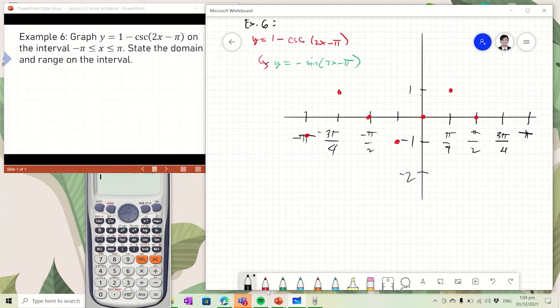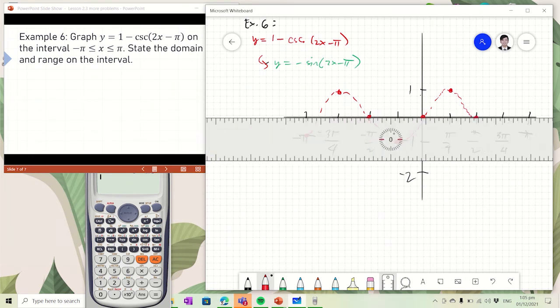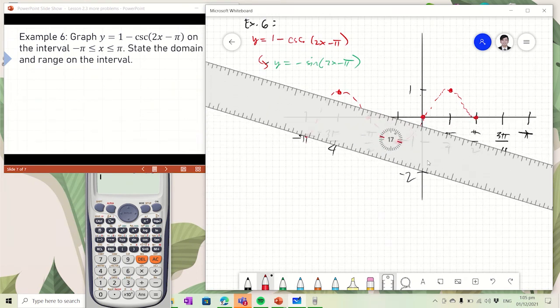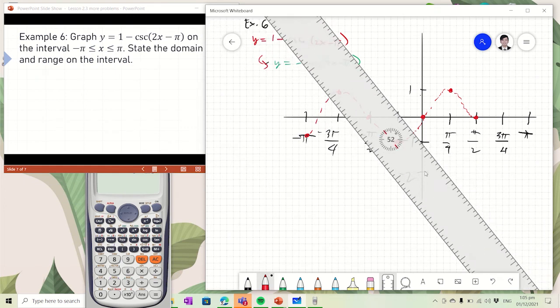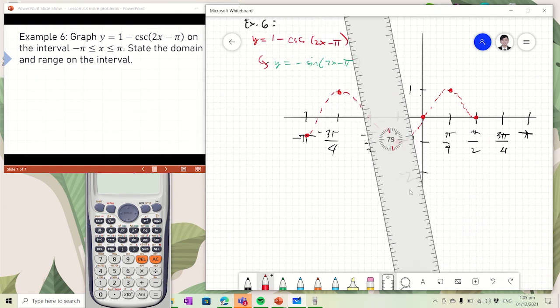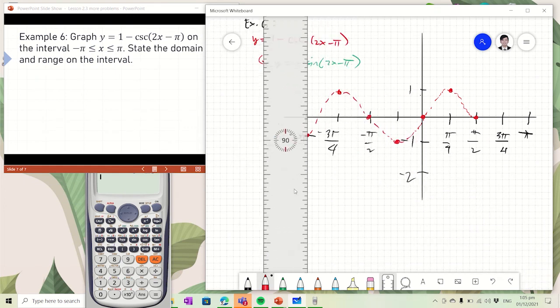So, don't forget, guide lang natin siya, so dapat broken line lang. And then yung mga intersection sa ating x-axis, those are the asymptotes. So rotate na naman tayo ng ruler.